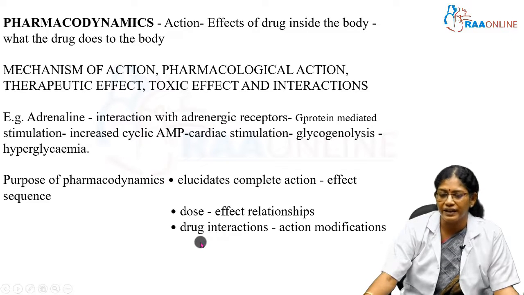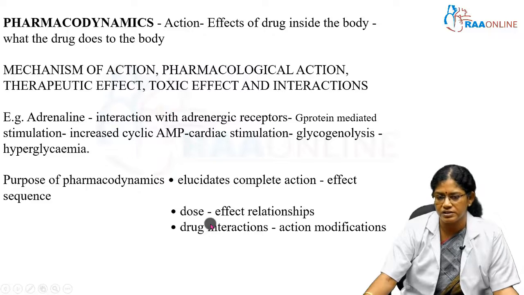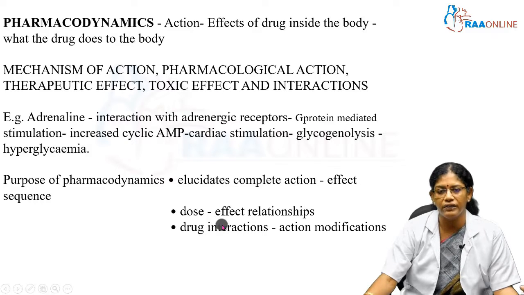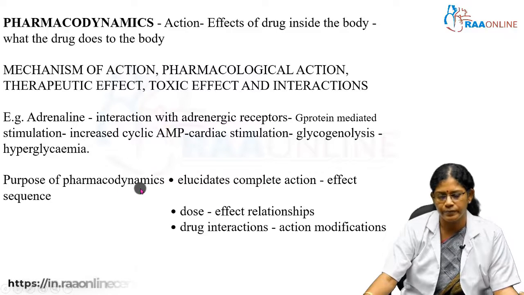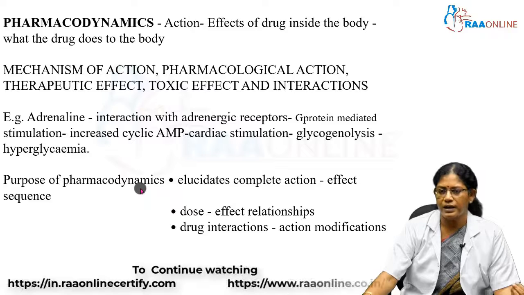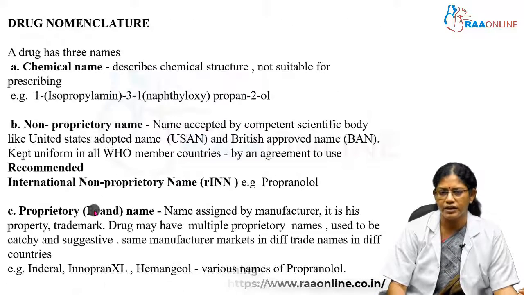As well as drug interactions and modified actions. What are the actions modified by another drug? After understanding everything only, we can prescribe a proper drug. So for this purpose, we have to study pharmacodynamics. So pharmacology has two major branches, pharmacokinetics and pharmacodynamics. In the future PowerPoints, we will study these things in detail.